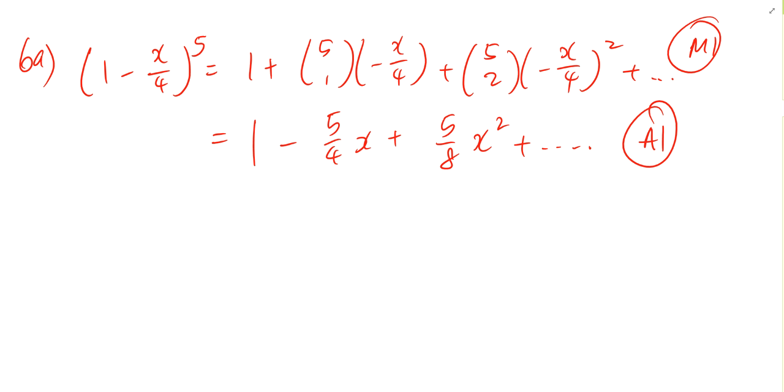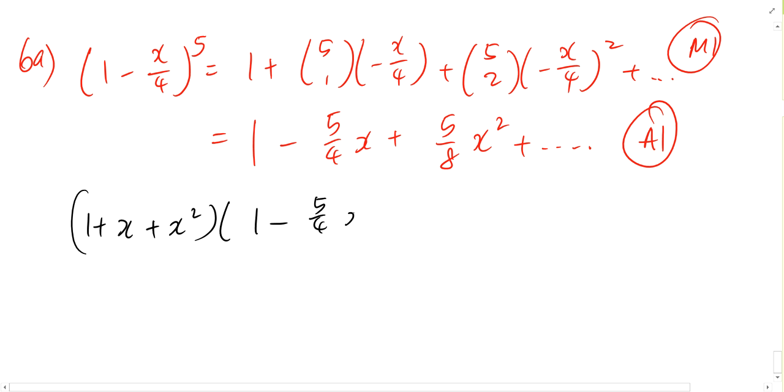Okay, so this being the first 3 terms. Next, they want the coefficient of x squared in the expansion over here. So 5 over 4x plus 5 over 8x squared.